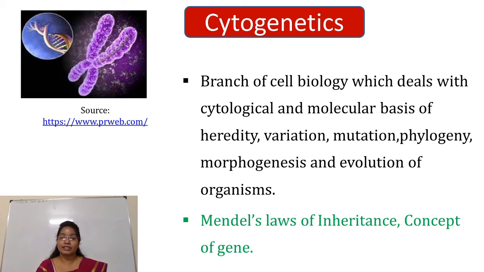Next branch is cytogenetics. It combines the knowledge of cytology and genetics. It is the branch of cell biology which deals with the study of cytological and molecular basis of heredity, variation, mutation, phylogeny, which means evolutionary history, morphogenesis and evolution of organisms.